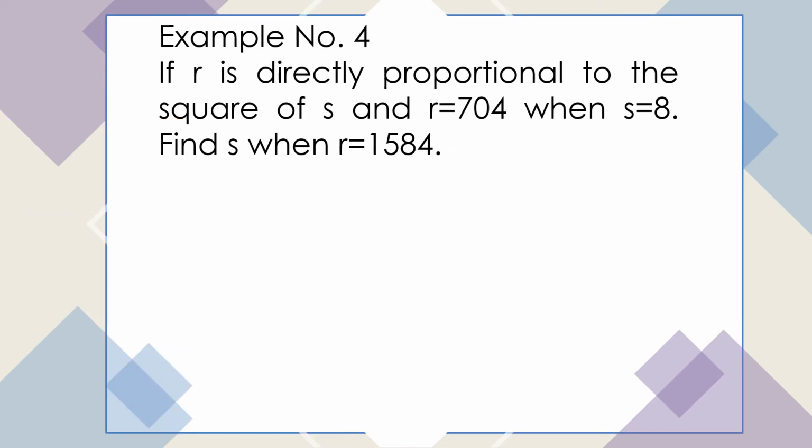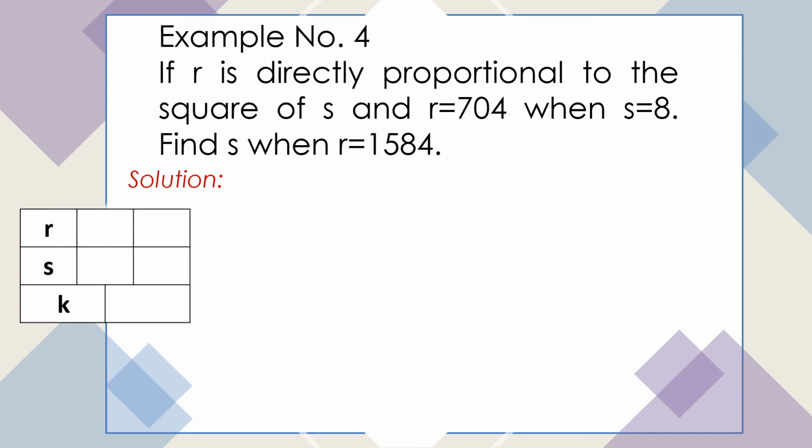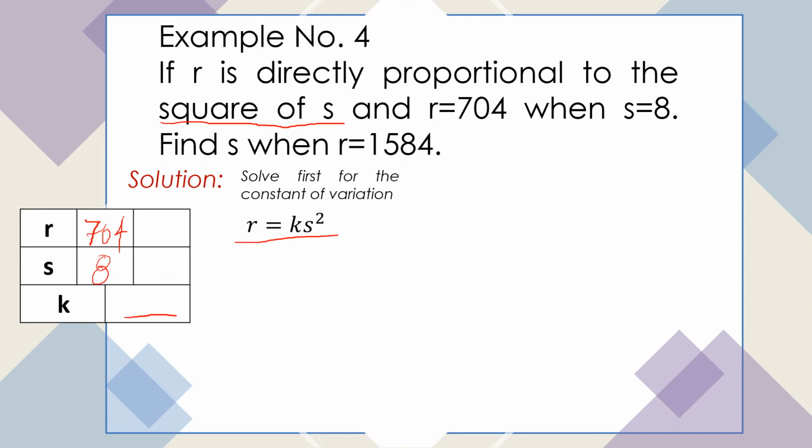If r is directly proportional to the square of s, and r equals 704 when s equals 8, find s when r equals 1,584. First, write the given. The value of r is 704 when s is 8. Let's find the value of k. We write the equation r equals ks squared, since the statement says square of s.